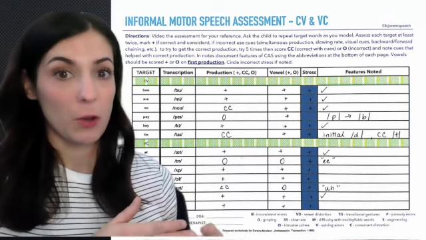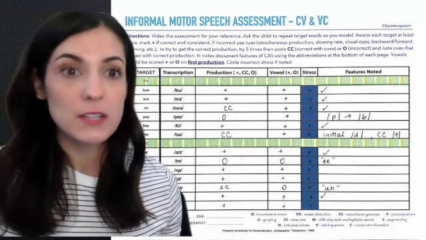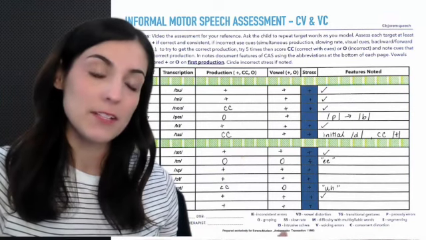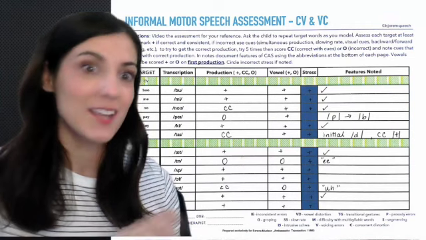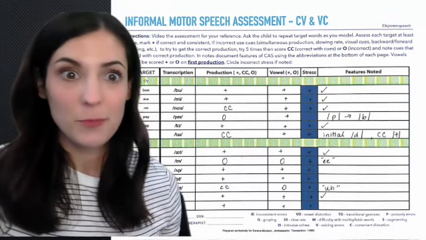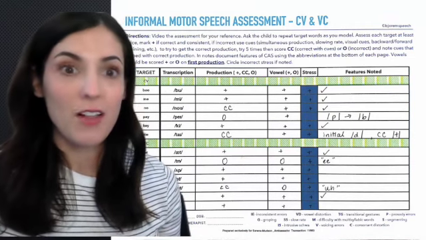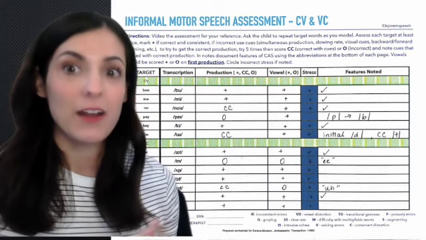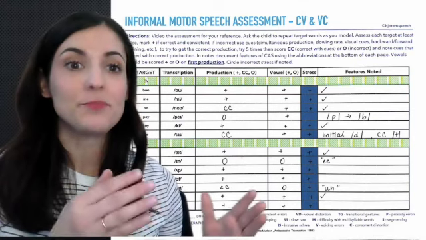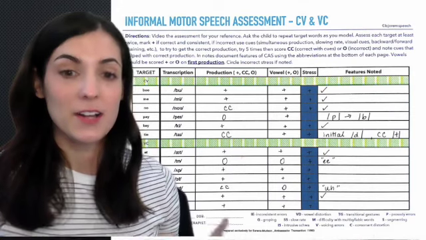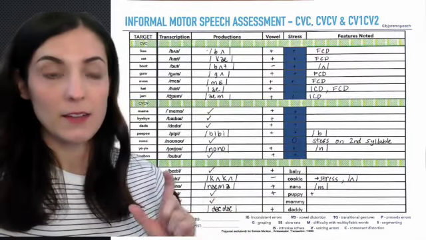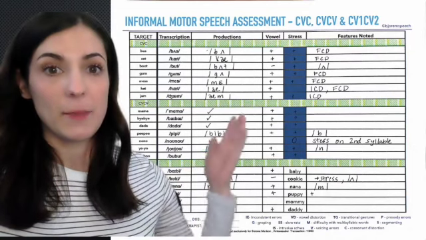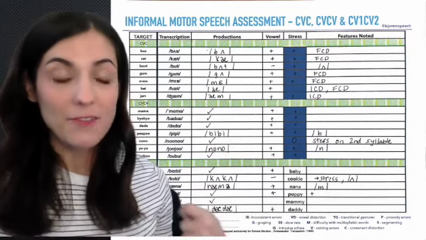So you can go through all the different cues versus using, let's say, the Goldman Fristoe, where we're not giving any cues. We're going to show you once, you're going to say it once, and then we're going to move to the next word. This is all about finding out what sounds our kids can actually produce and then working through those later.